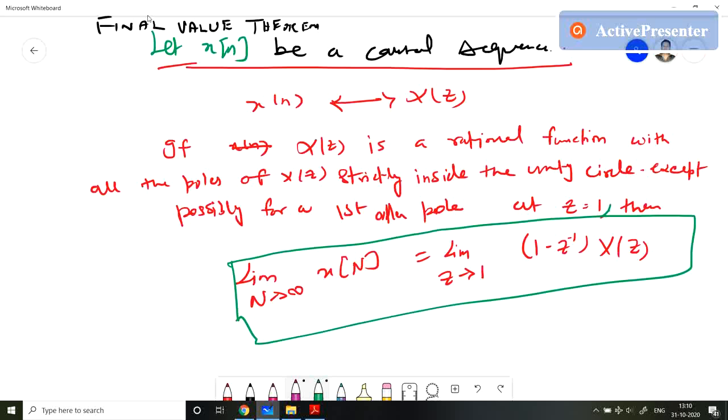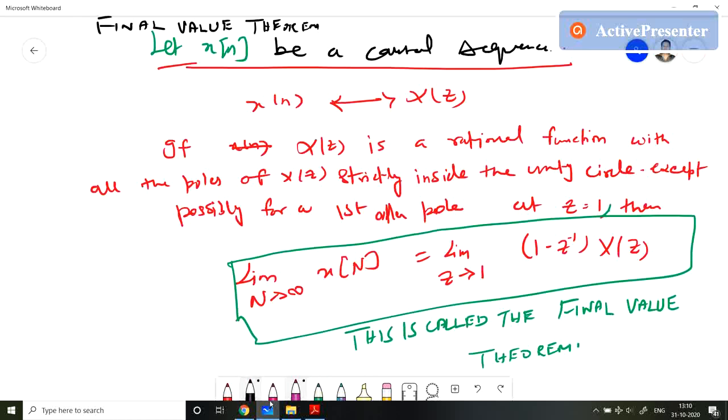This equation is called the final value theorem.